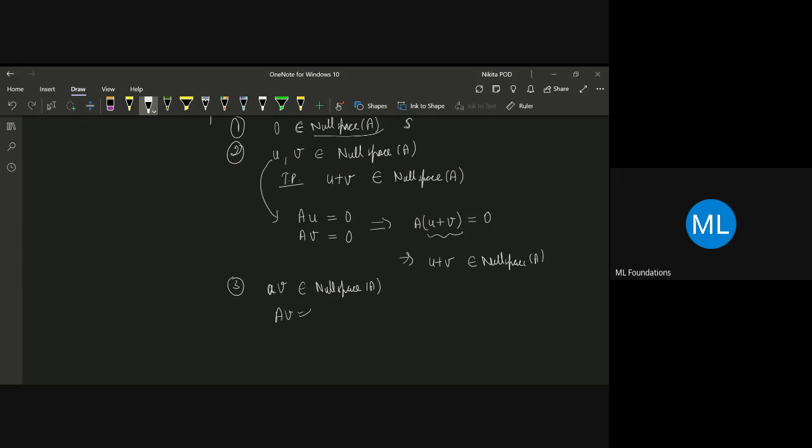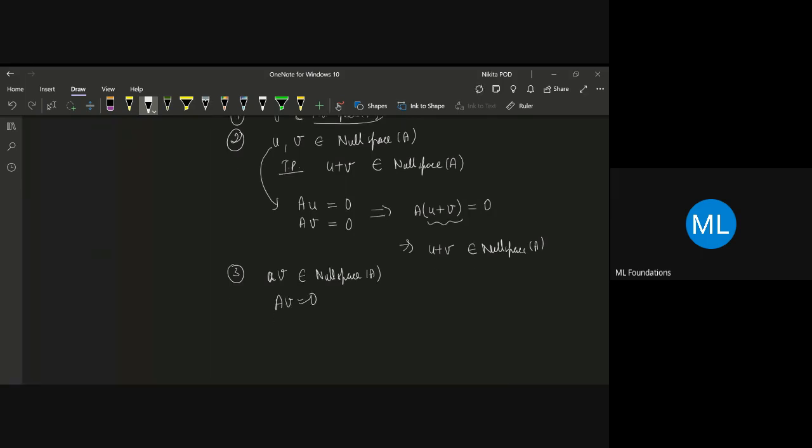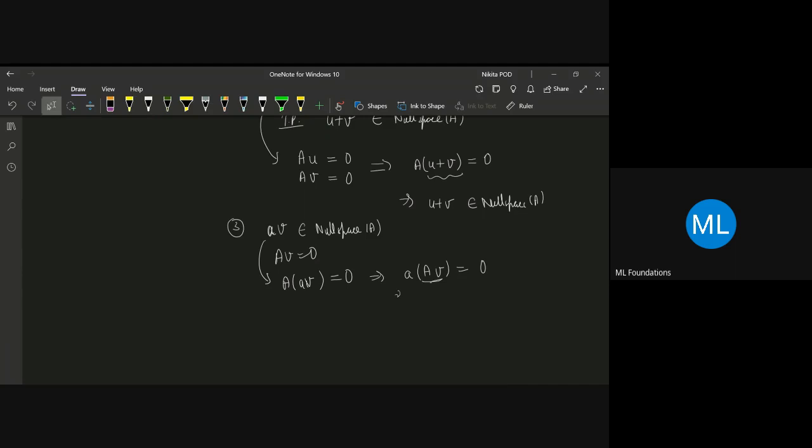Av should be 0, and I want to prove av belongs to the null space of A. So I want to prove A times av equals 0. Now a is just a scalar, so I can write a times Av equals 0, and this is already 0. So this becomes 0. So from here I can say that av belongs to the null space of A.